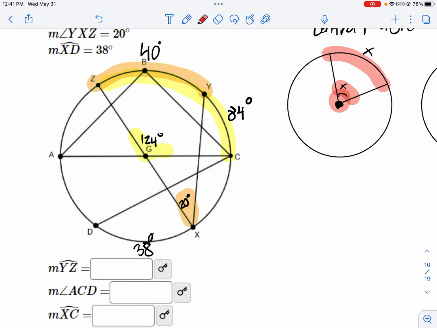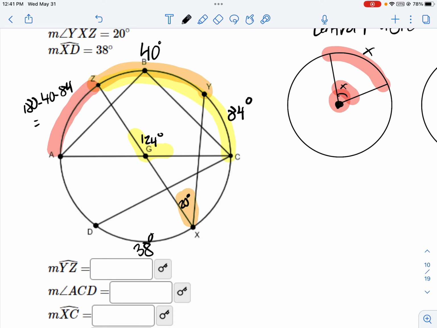If we wanted to find, say, this arc over here, well, you'll notice that the whole arc itself is the same as the diameter, right? You know, diameters are half of the whole circle. So if the circle is 360, half of that is 180, then that means that this final little section over here has to be 180 minus the other two arcs, the 40 and the 84.